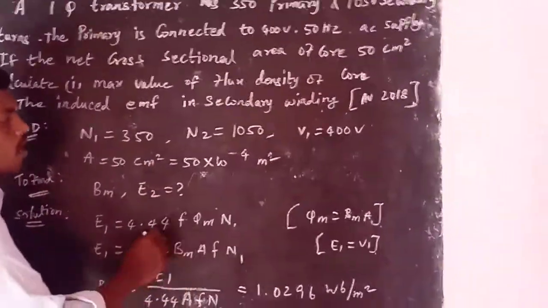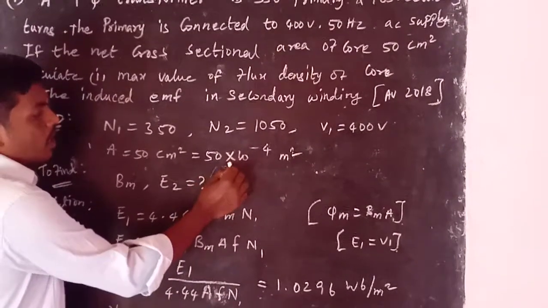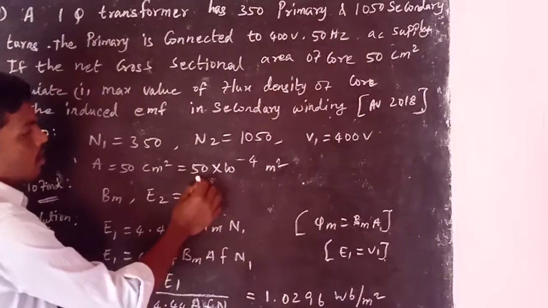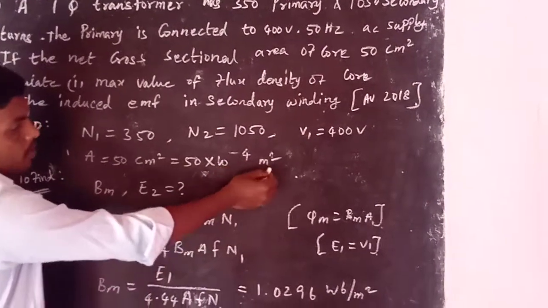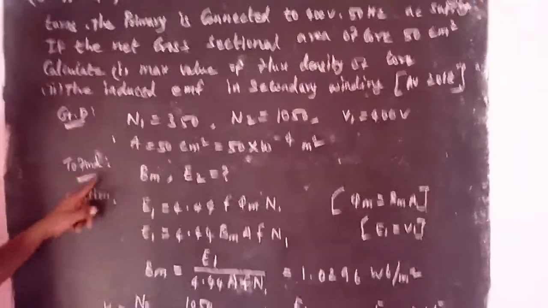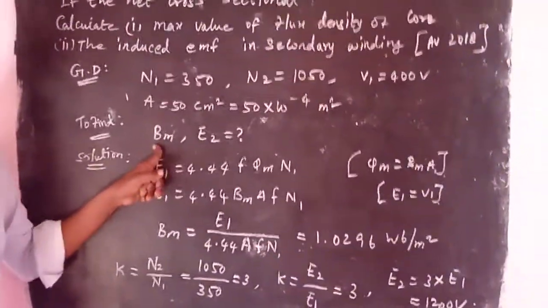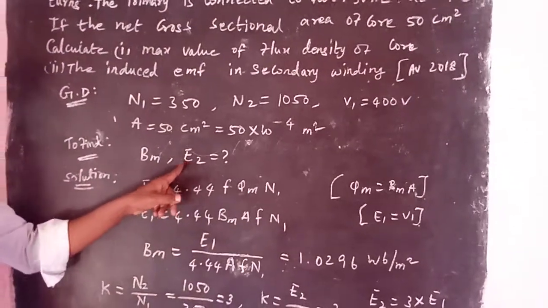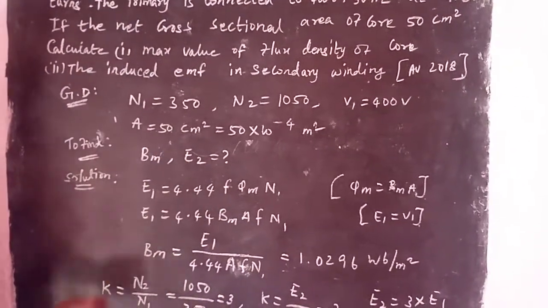Converting centimeter square to meter square: 50 into (10 power minus 2) whole square meter square, which is 50 into 10 power minus 4 meter square. This is the total area. We need to find the flux density Bm and the secondary winding EMF E2.